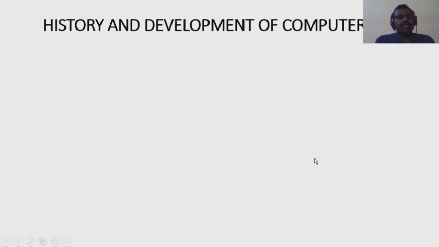So in this slide, we will see the history and the development of computers, how we used computers in the previous or olden days. It dates back to 2500 BC. The abacus was used.